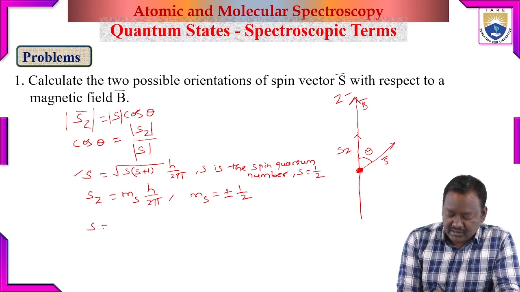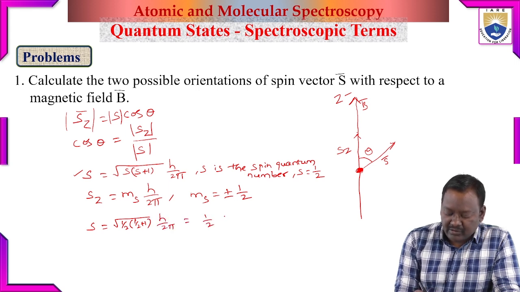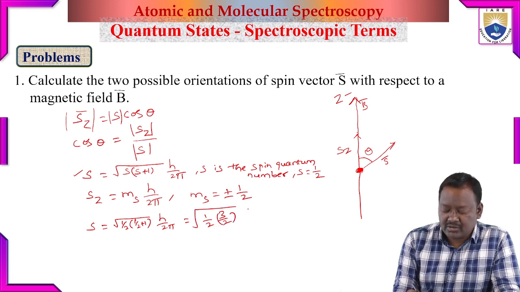So we can easily calculate the S value. S equals square root of 1 by 2 into 1 by 2 plus 1, times h by 2 pi. That is 1 by 2 into 3 by 2 under the square root, which simplifies to square root of 3 by 2 h by 2 pi.